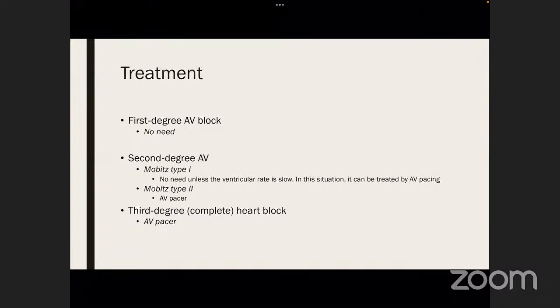For the Wenckebach, no need unless the ventricular rate is low. So in this case, it should be treated by atrioventricular pacing. For the Mobitz type 2, also it needs atrioventricular permanent pacing. Same goes for the third degree heart block.